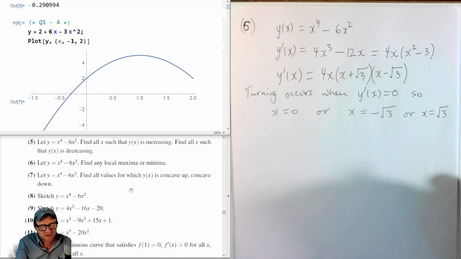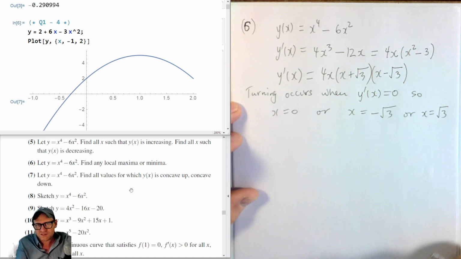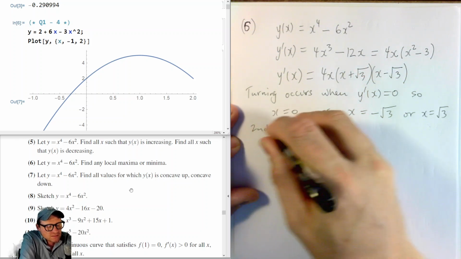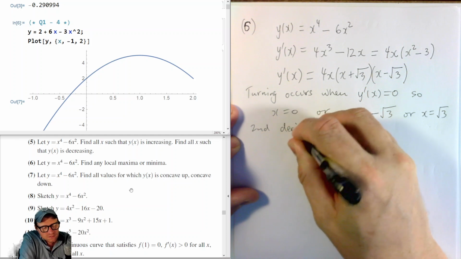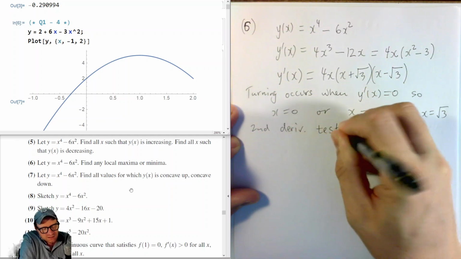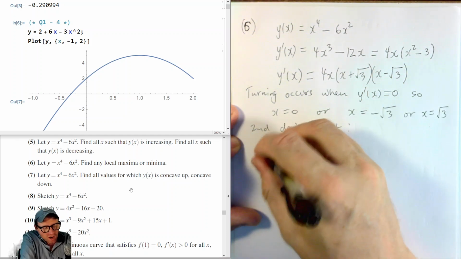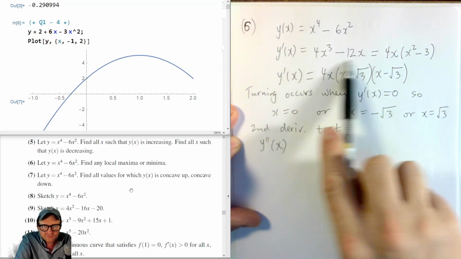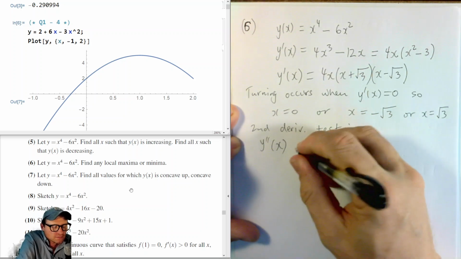Now let's classify these. We classify this by taking a second derivative. So I'm going to use the second derivative test here. Abbreviating that, y double dash of x, and so I'm just going to differentiate this unfactorized form again.